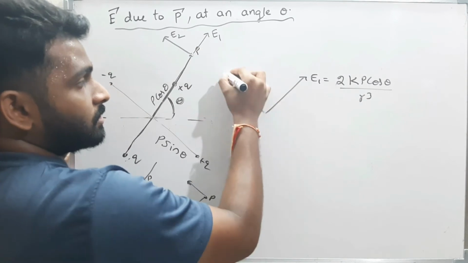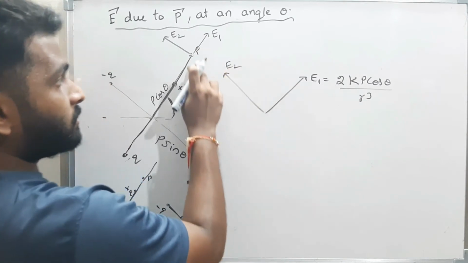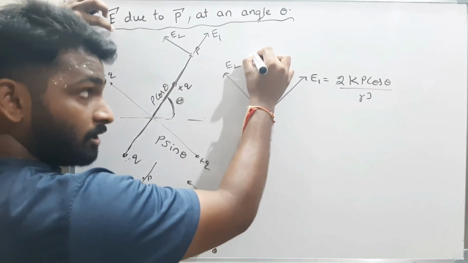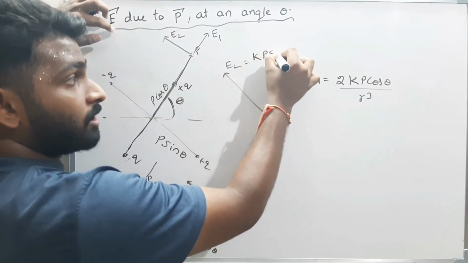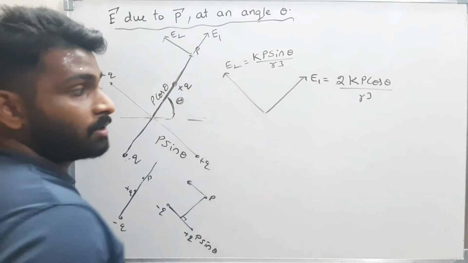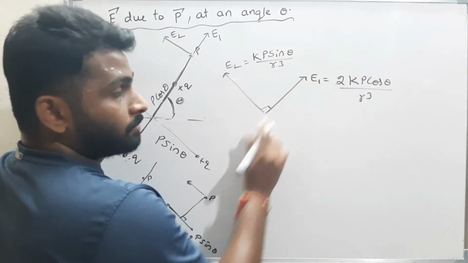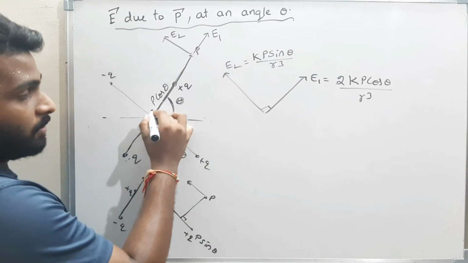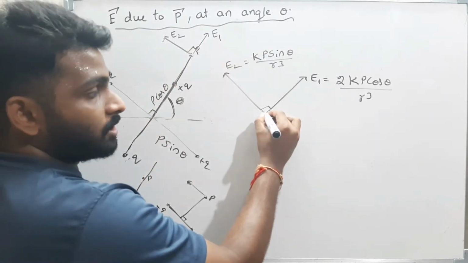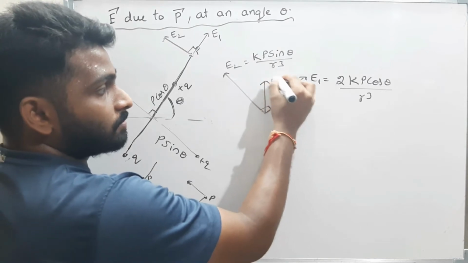And now this is E2. E2 is in equatorial position, therefore equatorial means only k, and instead of P we write P sin theta by r cube. And what is the resultant? These two are perpendicular, right? Therefore, here also the resultant will be perpendicular.